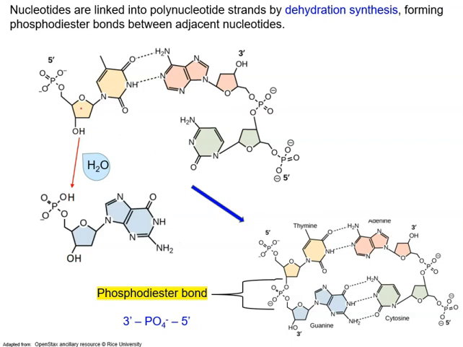Another thing I want to quickly mention is that, remember we said nucleotides are linked into polynucleotide strands, and that's the process of dehydration. We're going to form that phosphodiester bond between the adjacent nucleotides. If we take a look at the incoming nucleotide, we have hydrogen at the phosphate group, and then this is your hydroxyl group. We know this was your 3' end of the molecule, and water is being released. This is why we call it a dehydration or condensation reaction.